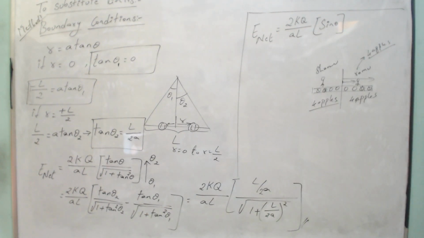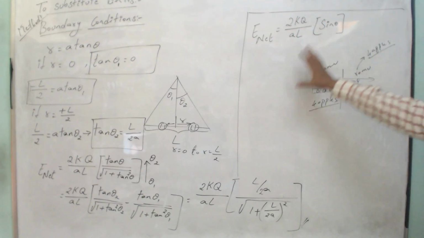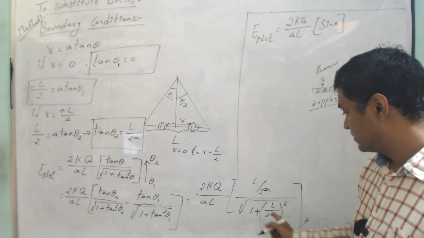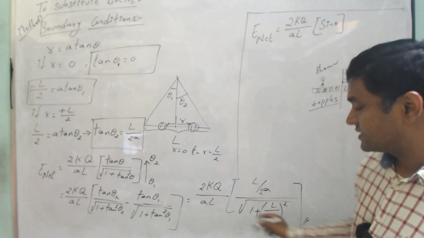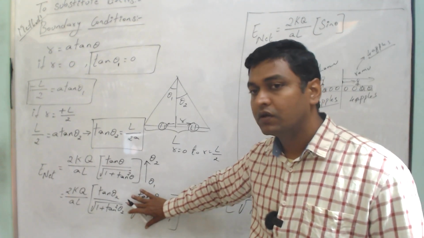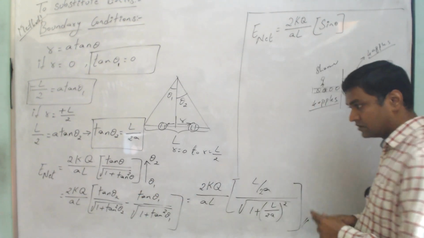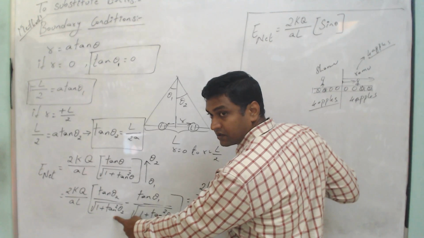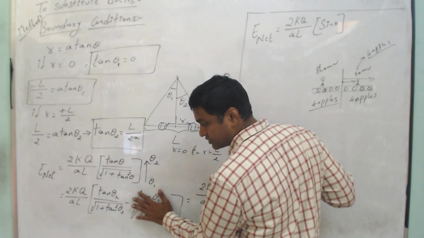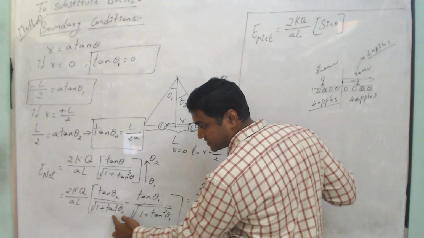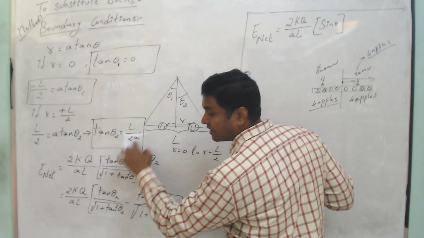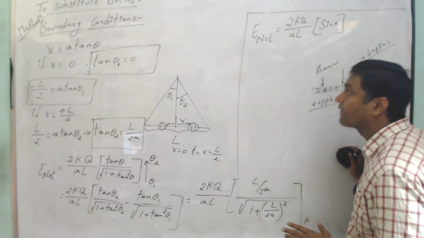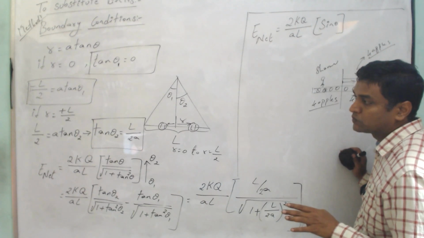In the denominator I have under root 1 plus tan square theta 2, so 1 plus L by 2a whole square is there under the root.